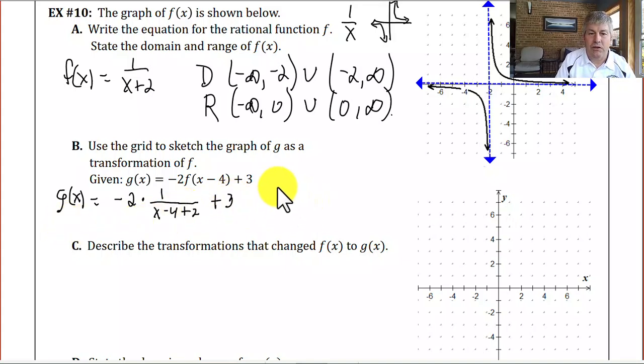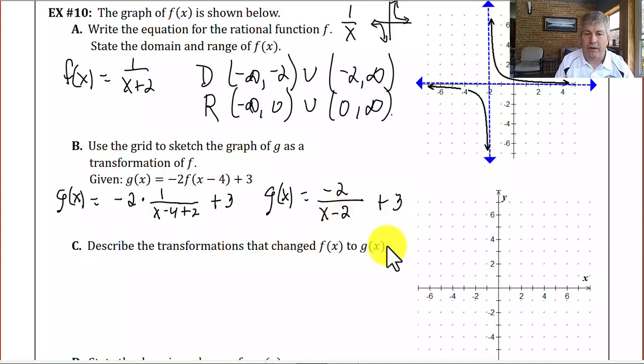So g of x then is equal to negative 2 times 1 over x minus 2, plus 3. So our transformations here, the negative will reflect across the x-axis.